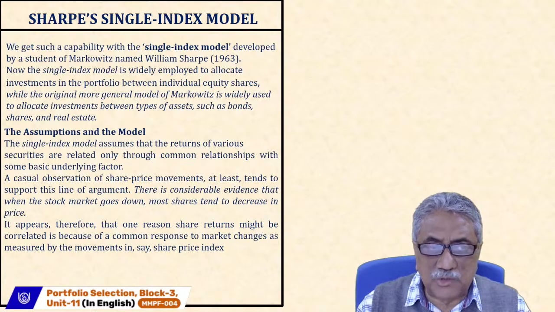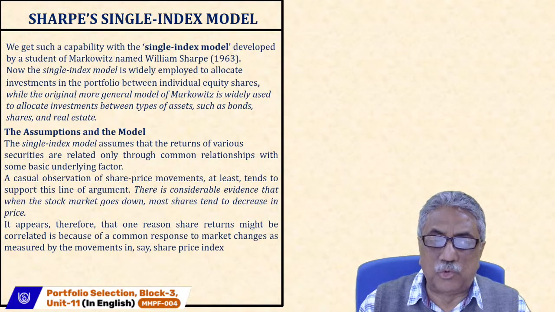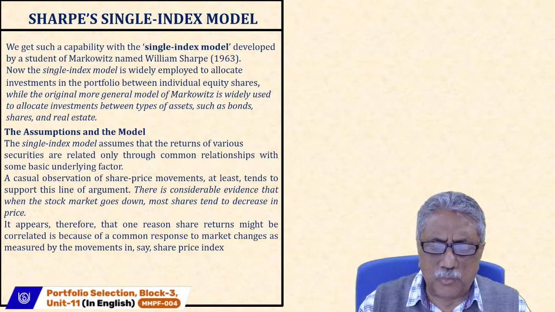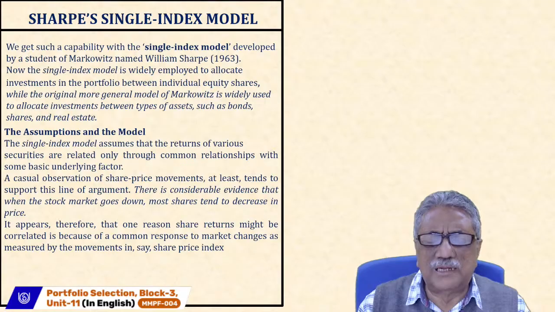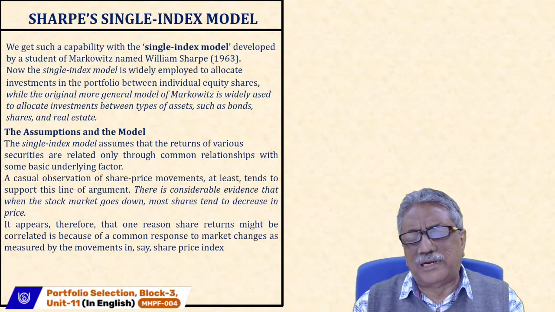So the assumption is quite simple. They say you don't have to track so many correlations and other things. You see the underlying factor and how the stocks are reacting to that. I hope I'm clear. You have to understand the underlying factor and how the stocks are reacting to that.